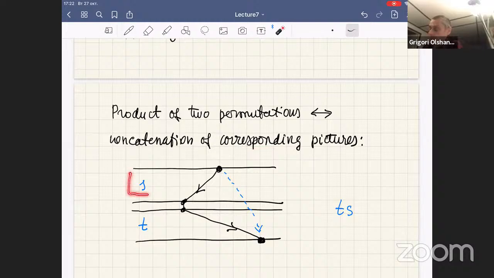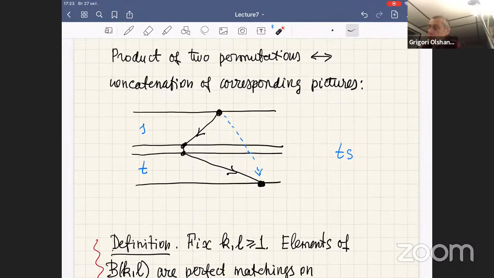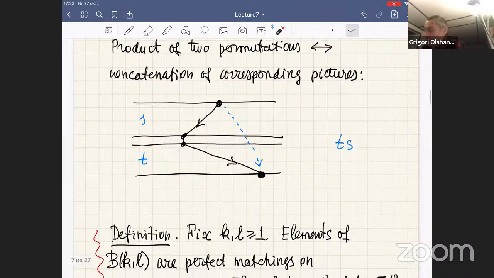We draw one picture which corresponds to an element S, and another picture which corresponds to a permutation T, and then the product of S and T in this order is obtained by this simple rule. We just concatenate the edges in this order. Evidently this rule corresponds to the product of permutations in the natural way.